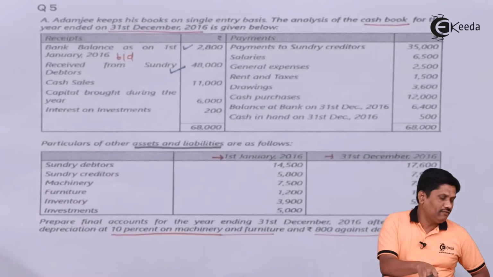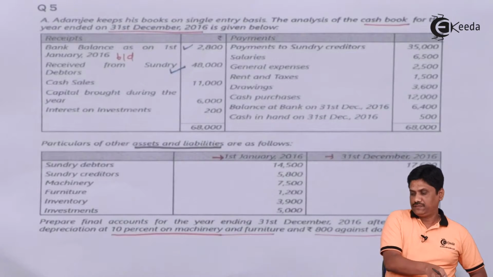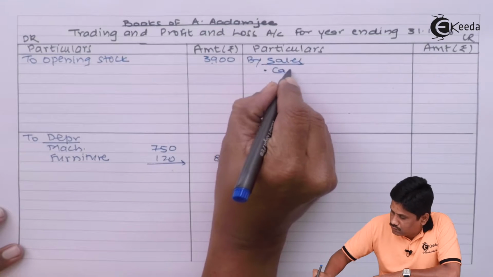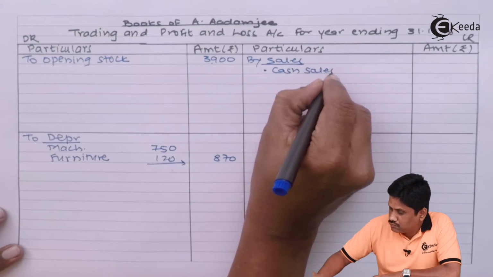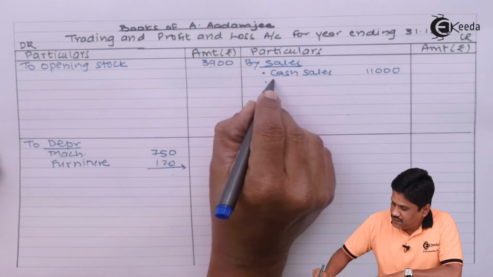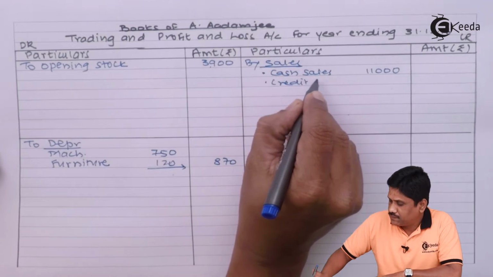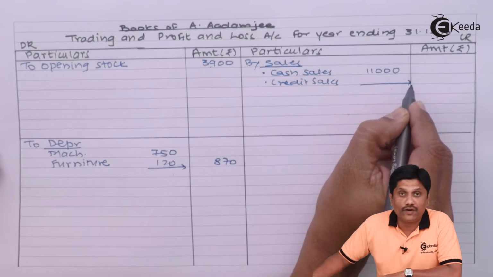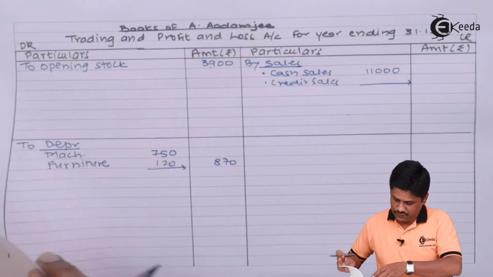So in my trading account I will note down cash sales. Since we are having cash sales data, there must be some credit sales, so we'll wait for that. I'm just leaving a line for writing credit sales. We will see later on.